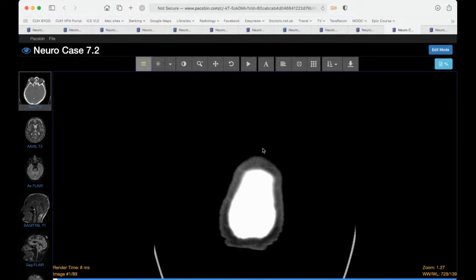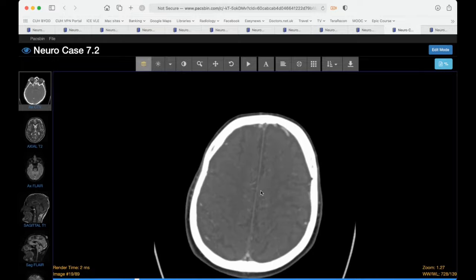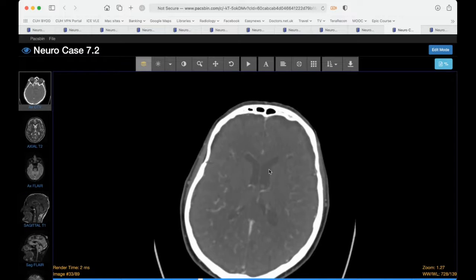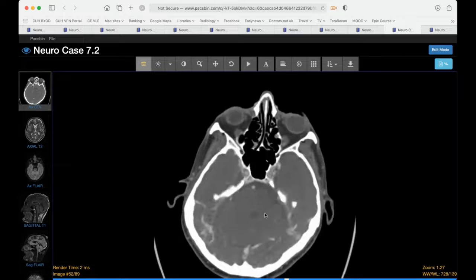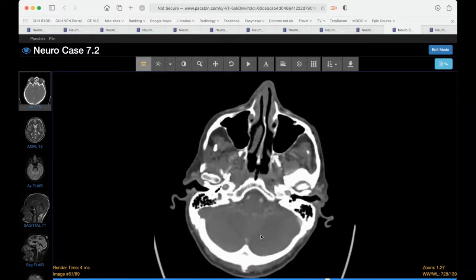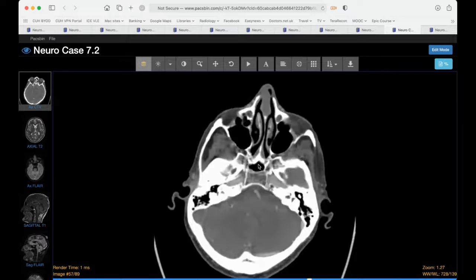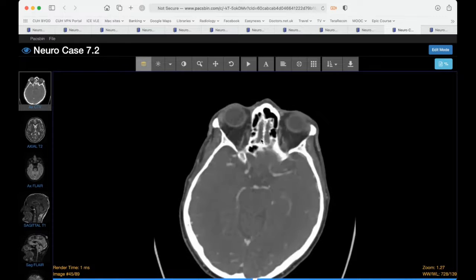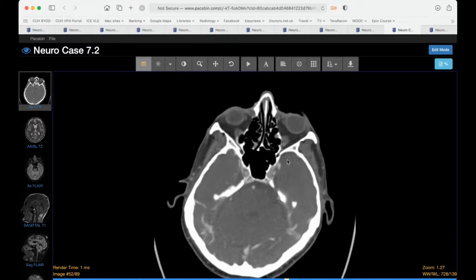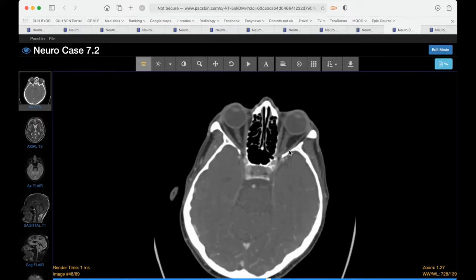The first set of images is a CT venogram. Have a quick look through that. You will notice a massive filling defect in the right transverse sinus and in the superior sagittal sinus. The basilar artery looks nicely opacified here.